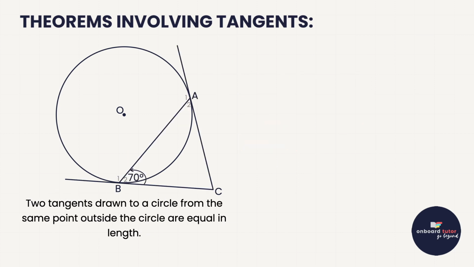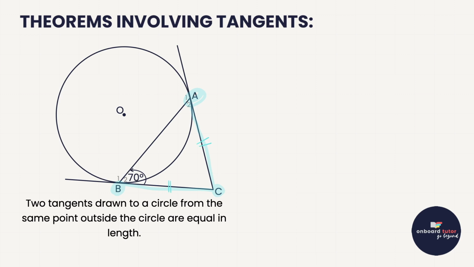Okay, next up, two tangents drawn to a circle from the same point outside the circle are equal in length. So here we have two tangents. They are both originating here at point C. So there CA hits my circle at A, CB hits the circle at B. And so what we may then deduce is that this and this is equal.